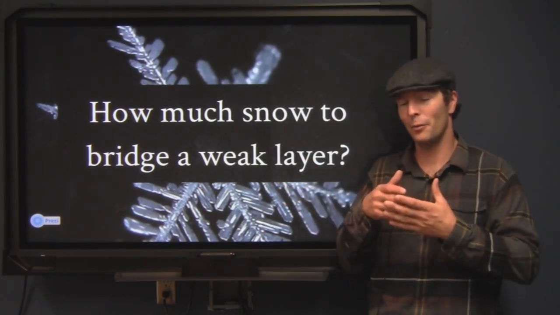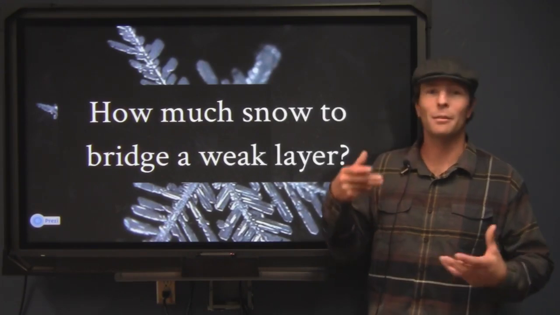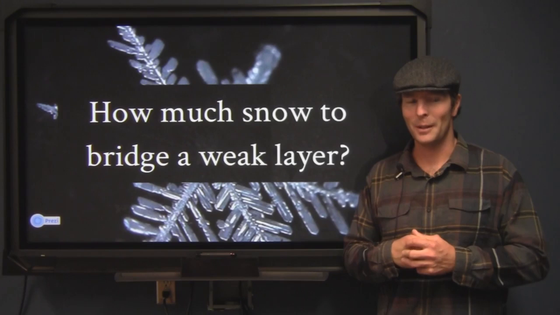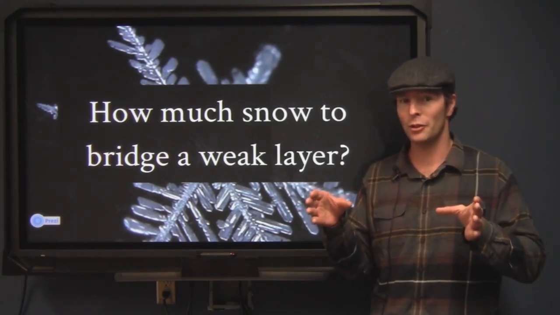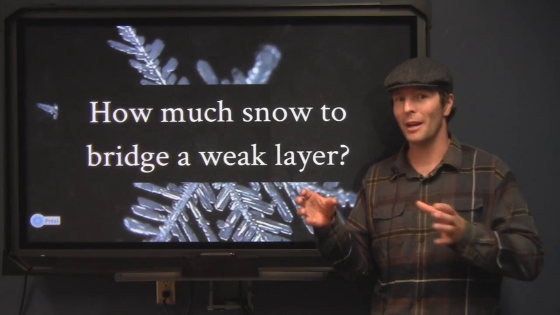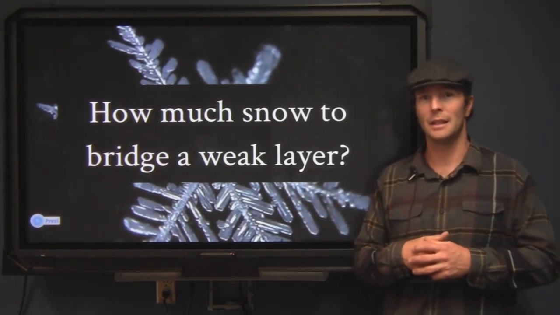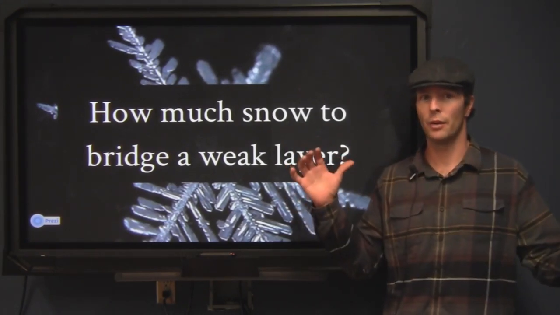And so if we were to trigger an avalanche that had a bigger bridging index, that means more snow, which means a bigger avalanche and a higher consequence. So we need to be careful of this, lower probability, lower chance of triggering, but if we do, it's a higher consequence.